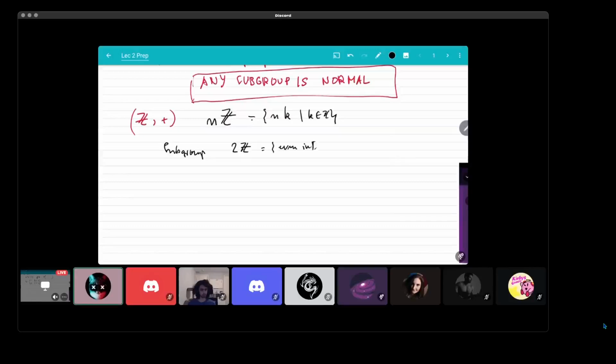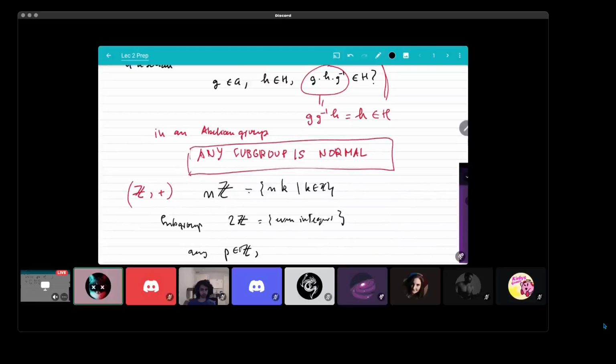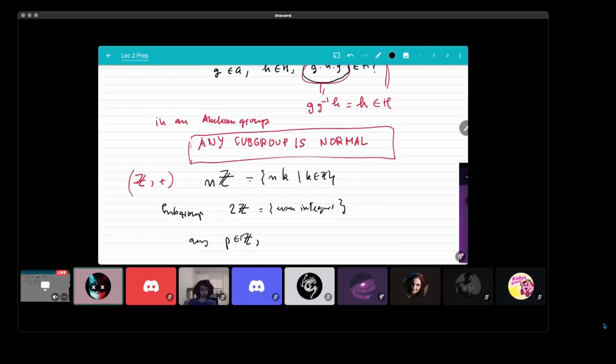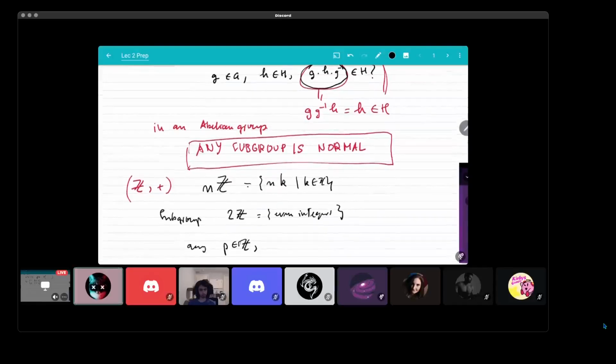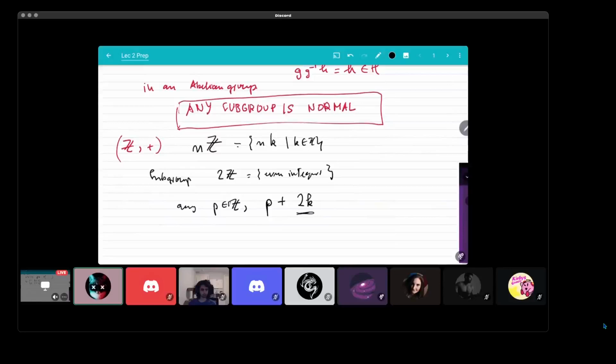If we take any integer p and do this check of normality, translated into additive operation, this gets written as p plus 2k minus p.